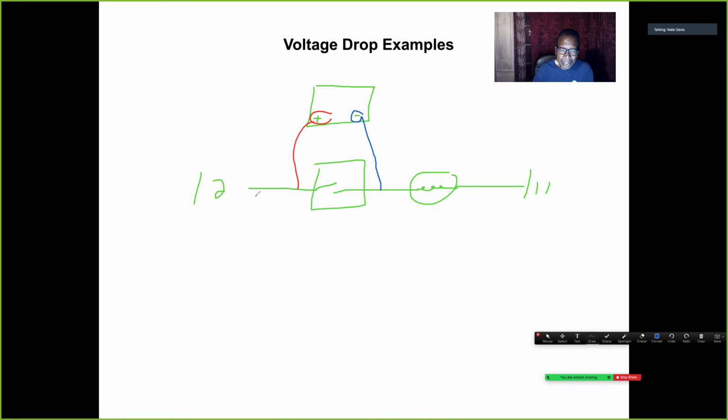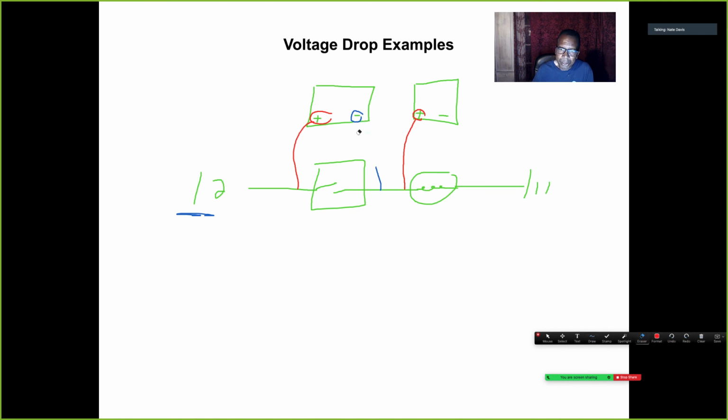The red lead goes to the most positive side because that's the voltage, that's the battery. And the negative lead goes to the least positive side. Since on the other side of the switch, that would be the least positive side because it's going through the switch. The same thing here. The same exact thing up here across the load. The positive lead, the red lead goes to the most positive side of the circuit. Let me erase this.